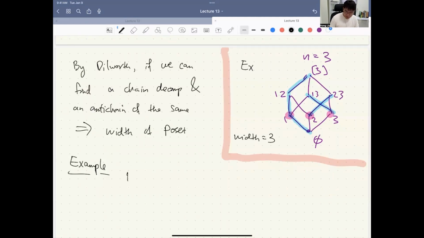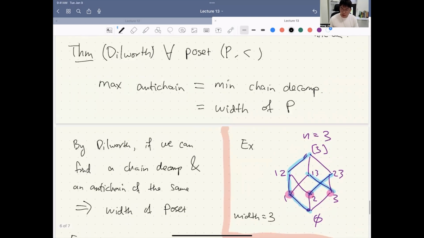The first example is the width of Boolean posets. This goes both ways, all right? Sometimes people could ask you two types of questions. They could ask you, what is the largest anti-chain? And sometimes it's hard to find the largest anti-chain.